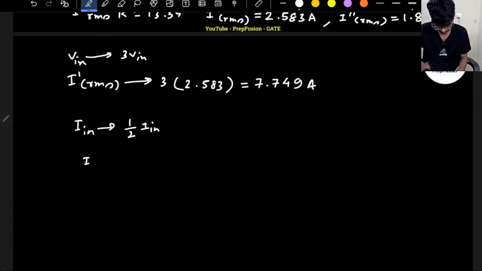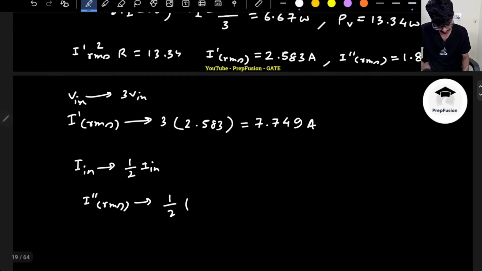So my I double dash RMS will be 1 by 2 into the previous I double dash RMS, that is 1.826. So 1.826 divided by 2, this will be 0.913 amperes.